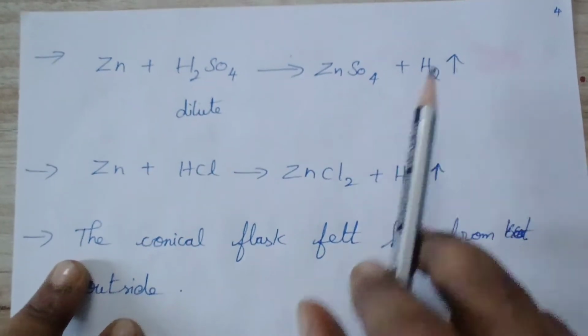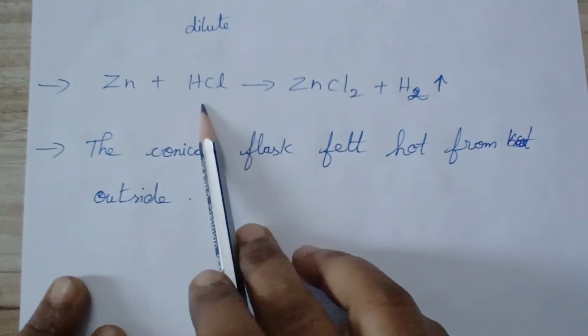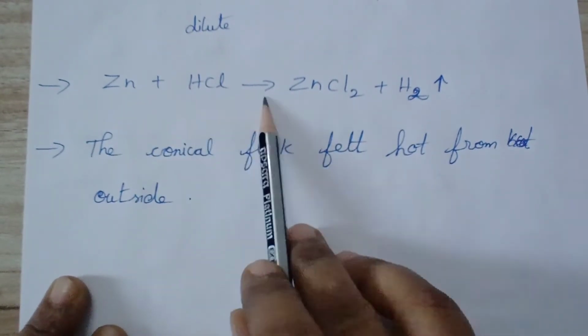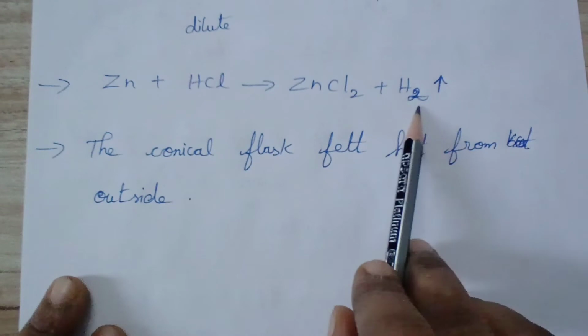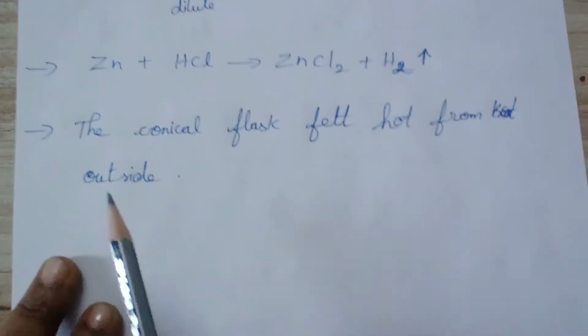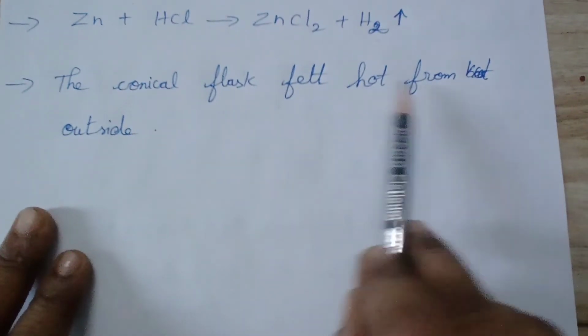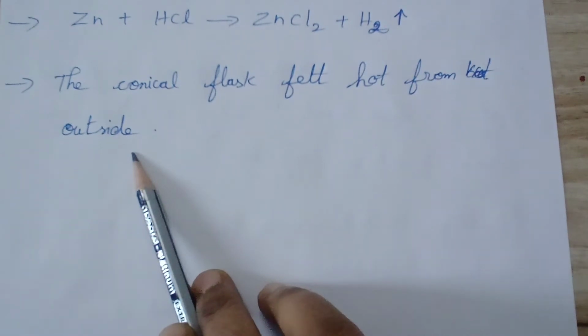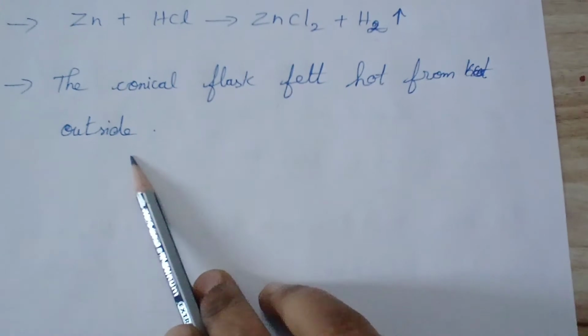Hydrogen gas is evolved. Likewise, zinc plus dilute hydrochloric acid gives zinc chloride plus hydrogen gas. The conical flask felt hot from outside. If you touch the conical flask, it will be very hot. This is your third activity.